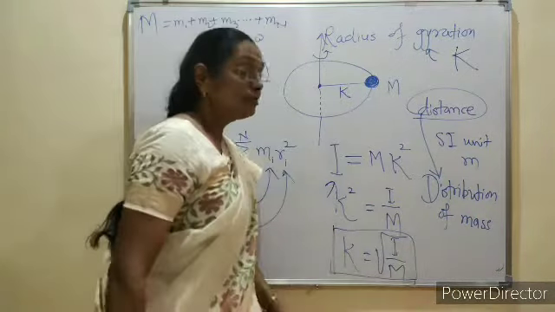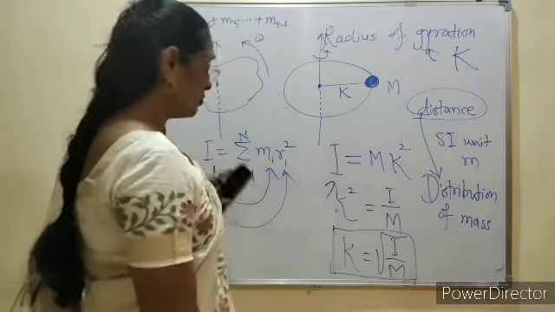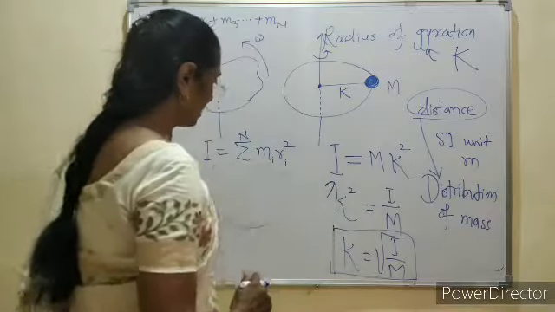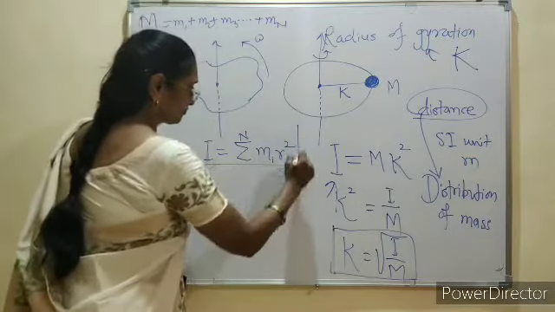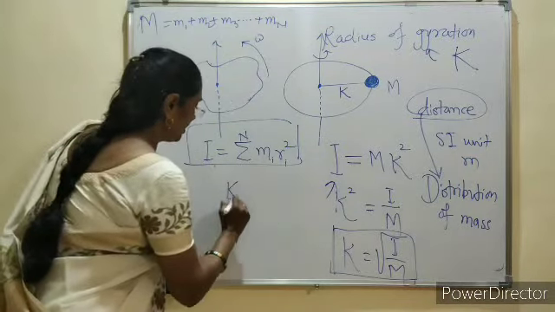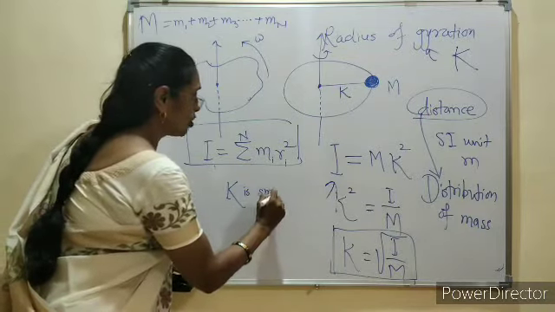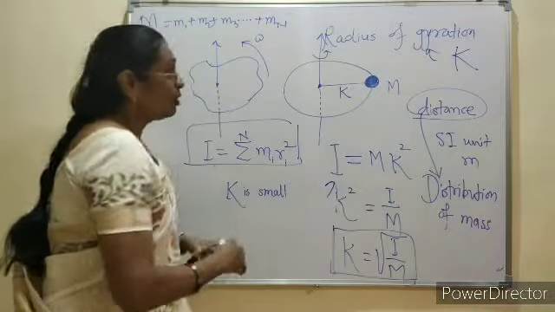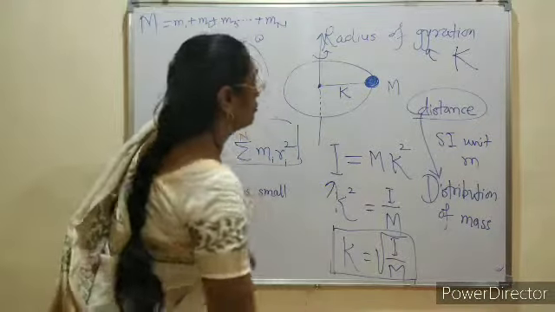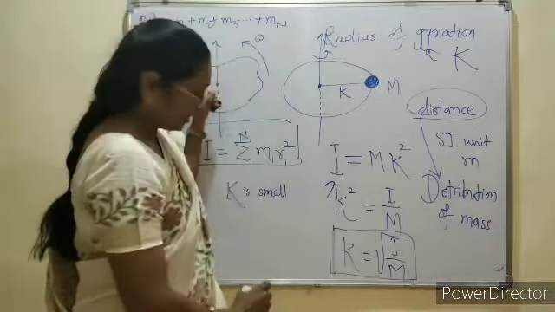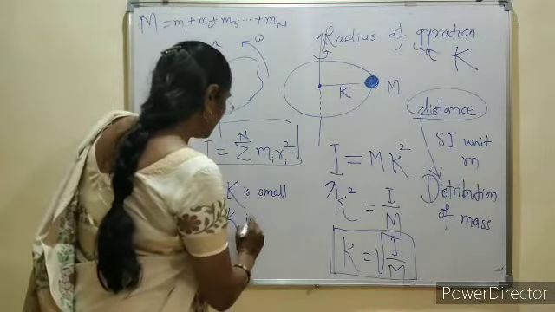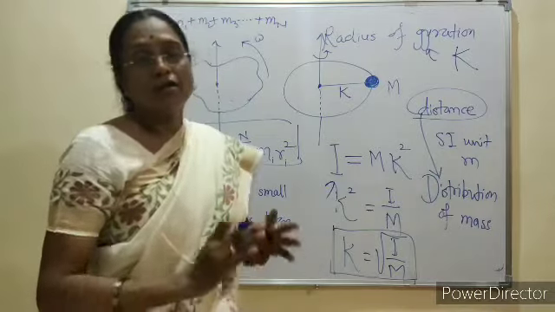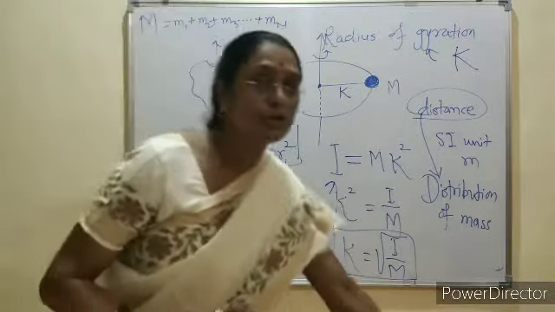So if the moment of inertia is written like this, if k is small, then we mean that all particles are close to the body. If k is large, the particles are away from the axis of rotation.